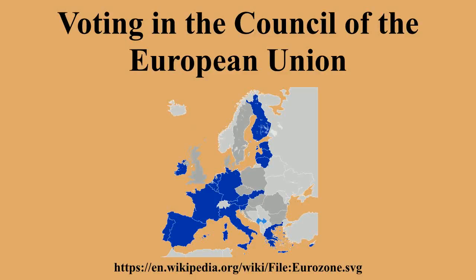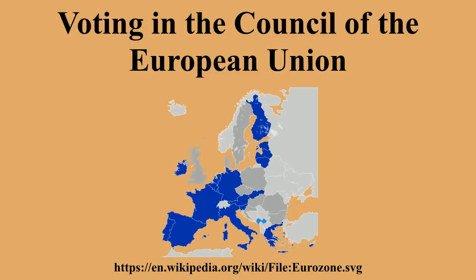A blocking minority requires, in addition to not meeting one of the two conditions above, that at least 4 countries vote against the proposal. Thus, there may be cases where an act is passed, even though the population condition is not met. This precludes scenarios where 3 populous countries could block a decision against the other 25 countries.